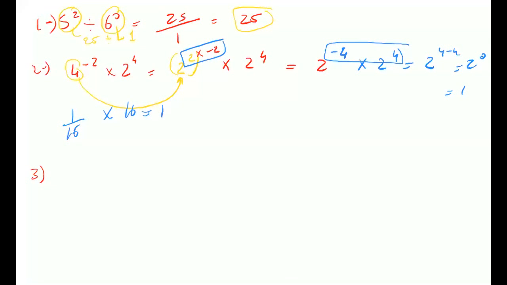Okay, let's take a harder example. It's not harder, but anyways: 10 power 2 times 10 power negative 1. Number 4: 8 power negative 6 over 8 power negative 8.